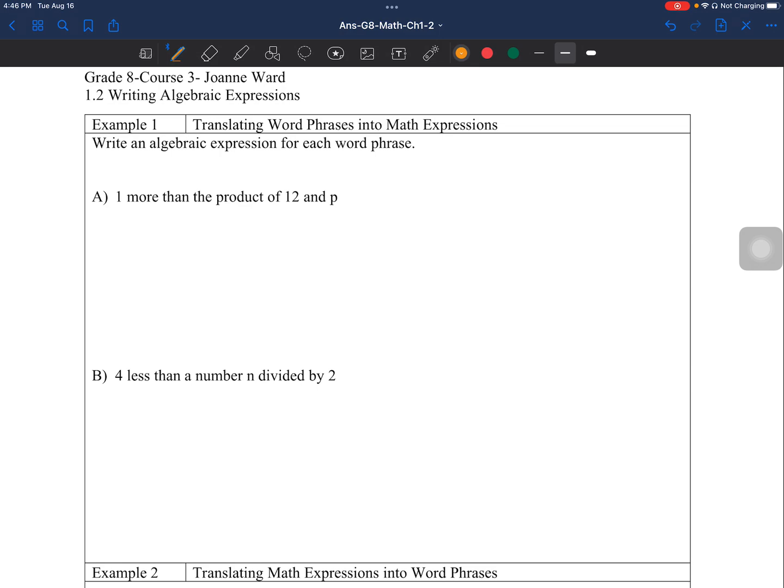So then for example 1, I have 1 more than the product of 12 and p. So simplify 12p, then add 1.